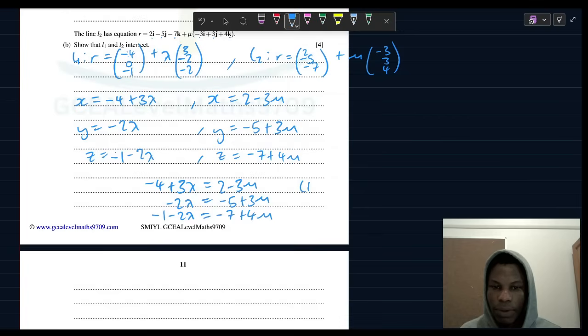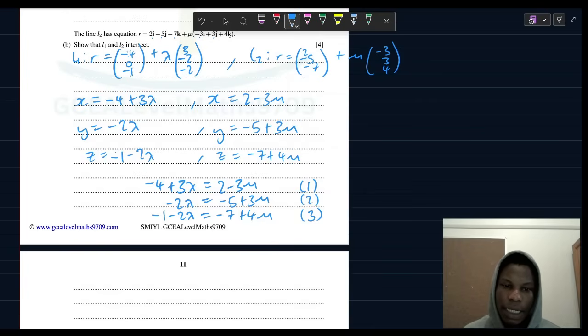This is equation 1, that's equation 2, that is equation 3. We're going to use two of the equations to solve for mu and lambda. Then we'll substitute those values into the third equation, and both sides should be equal if these lines do in fact intersect.